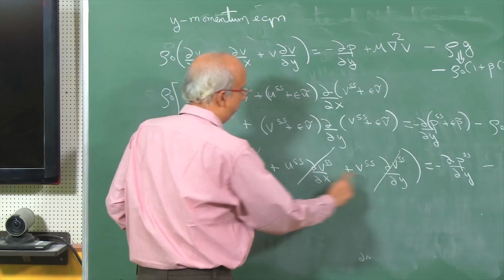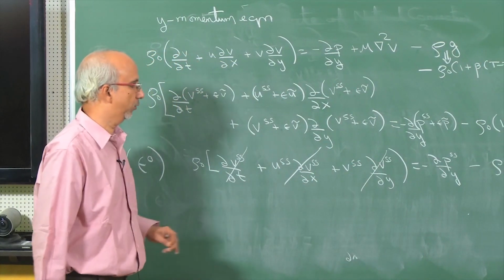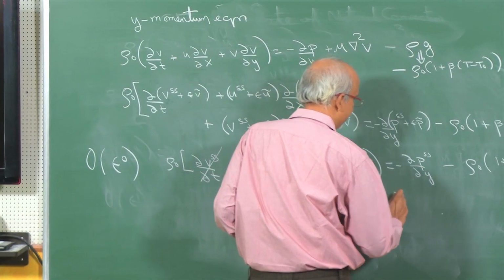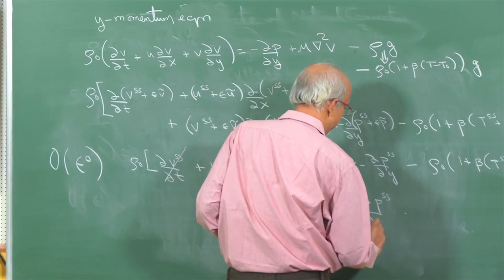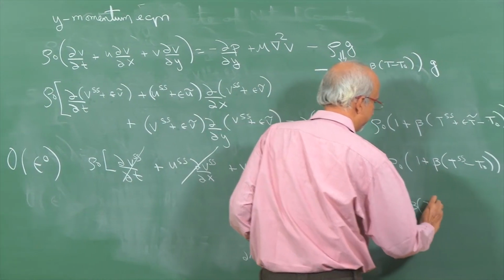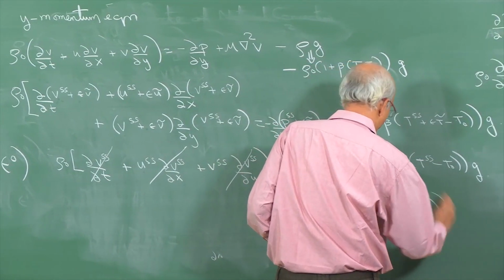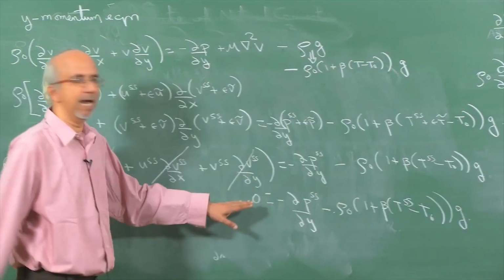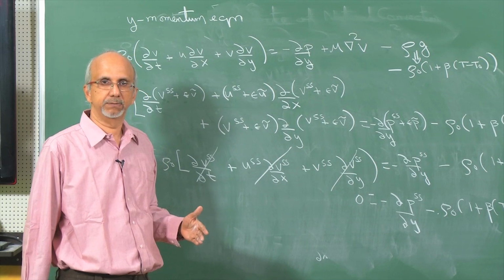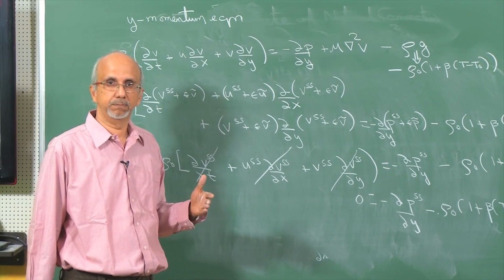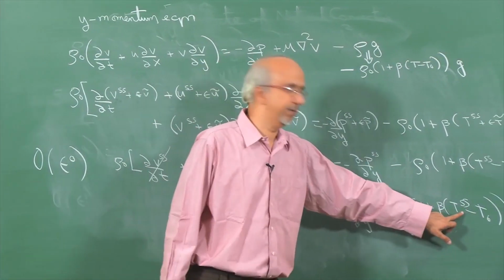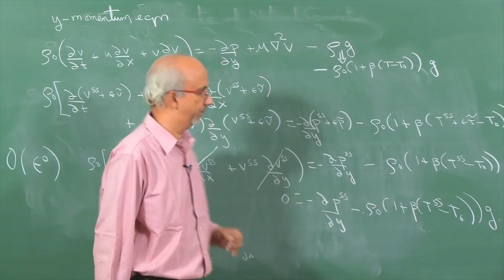So, all these vanish because we have USS and VSS equal to 0, and what I recover is the fact that I have 0 equals minus dPSS by dy minus rho naught times 1 plus beta times TSS minus T0 times G, and this is the hydrostatic pressure difference in the y direction at the base state, which is stationary, okay. And the density dependence on TSS, remember, is a function of y, which we are going to determine now.